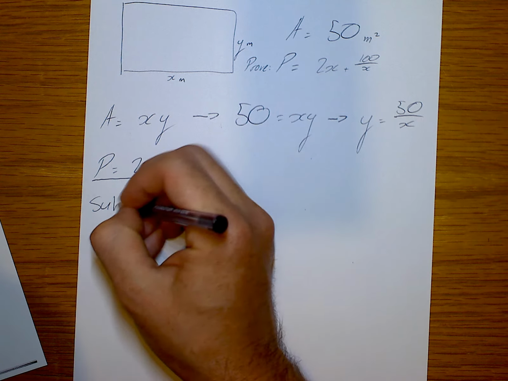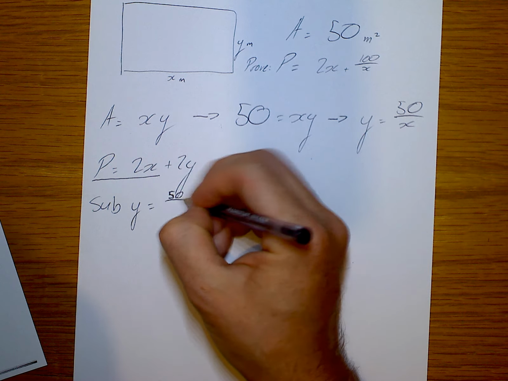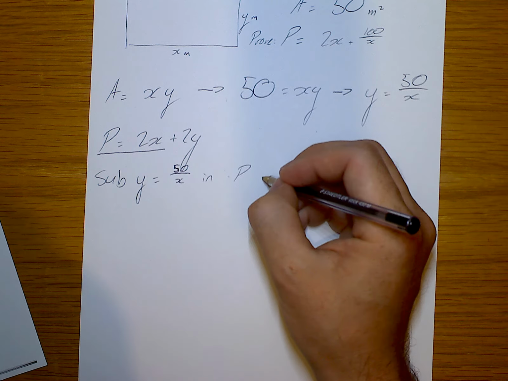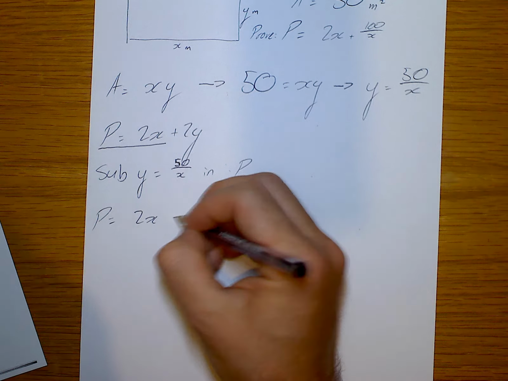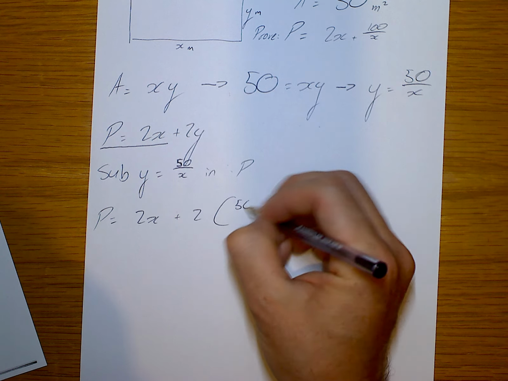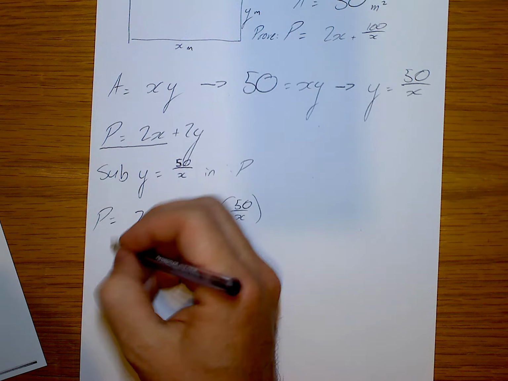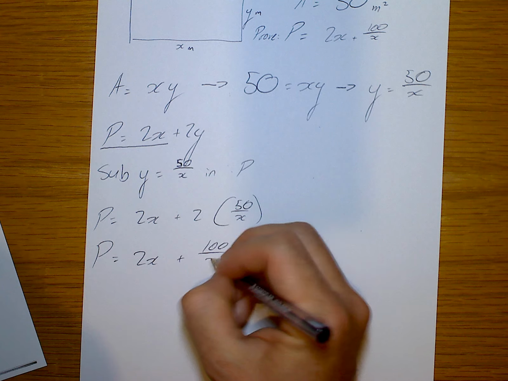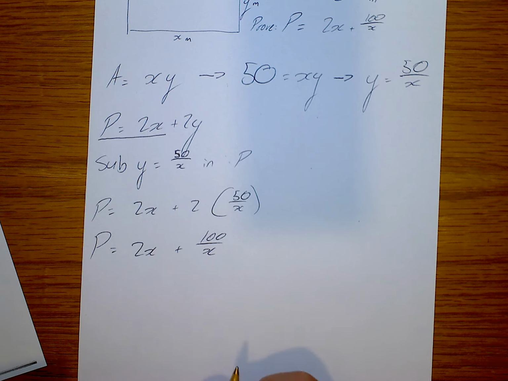Let's sub y equals 50 over x into p. That's going to be p equals 2x plus 2 times 50 over x. 2 times that is going to be 100, and we have our answer. So it did prove it.